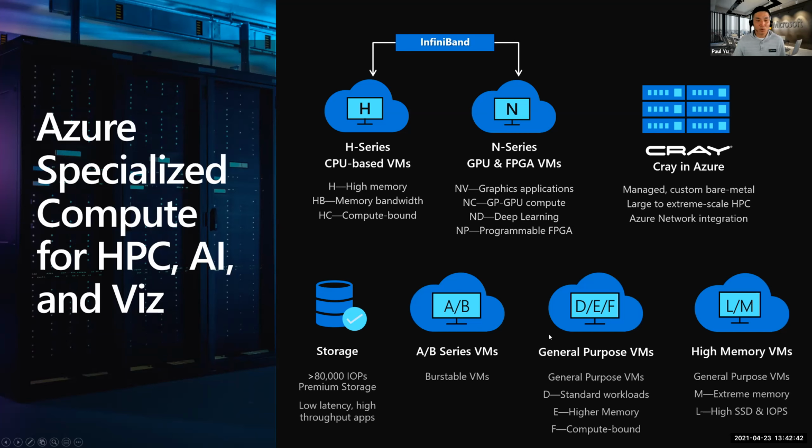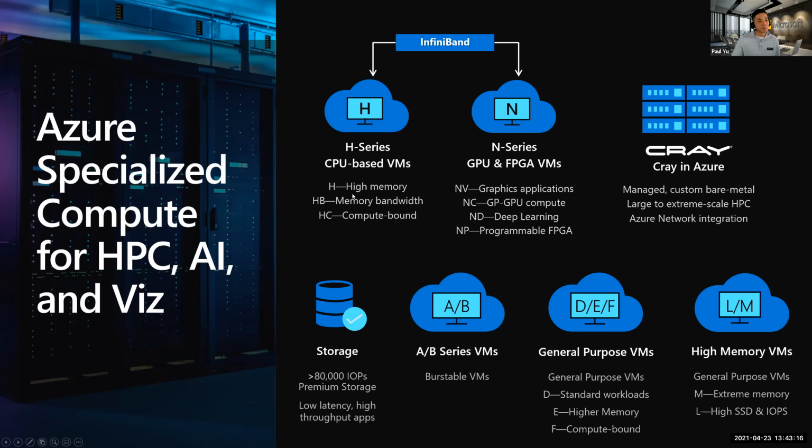When you want to get into the more general purpose virtual machines, just standard compute, you'll notice that the SKUs will start with a D, E, or F. And then the higher memory SKUs will start with an L or M. And then we also have listed down here, M is extreme memory, L is high SSD or high IOPS, right? And then these two SKUs up here, which are more, I guess, ideal for you all, are the H and the N series, right?